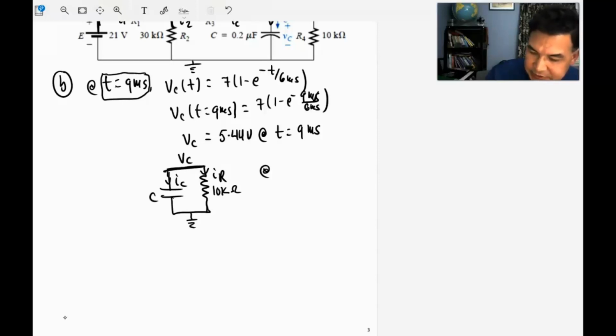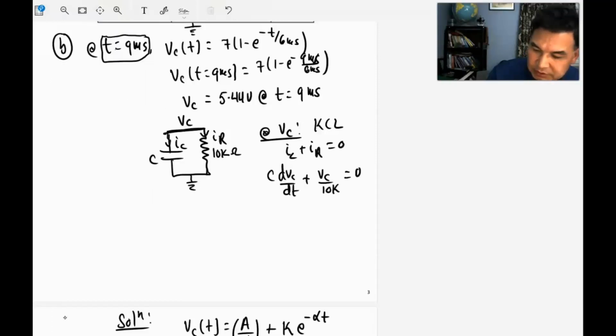So at VC, you apply KCL again. I of R plus IC, the current through the capacitor, is equal to 0. But IC is C dVc over dt, plus VC minus 0 divided by 10 kilo ohm is 0.